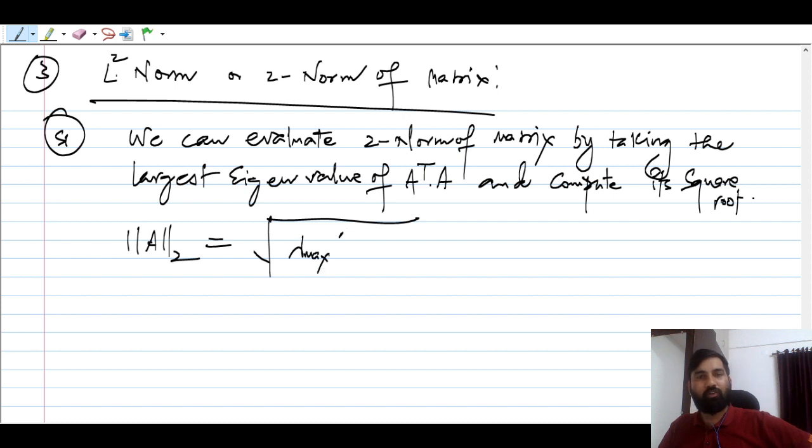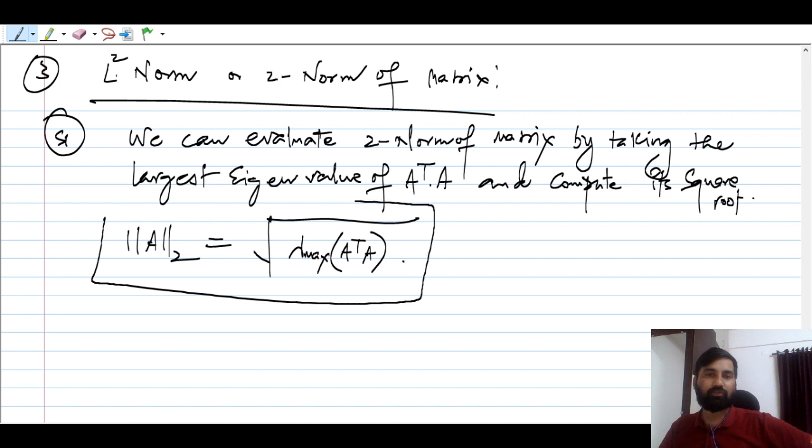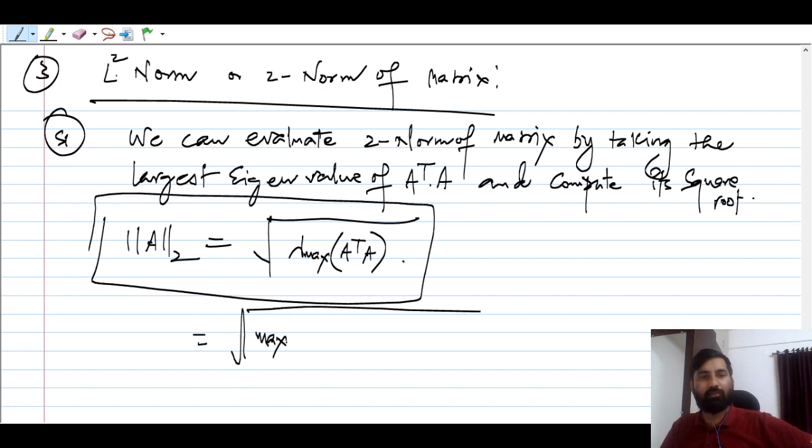lambda max of A transpose A, and its square root. You can say maximum eigenvalue.